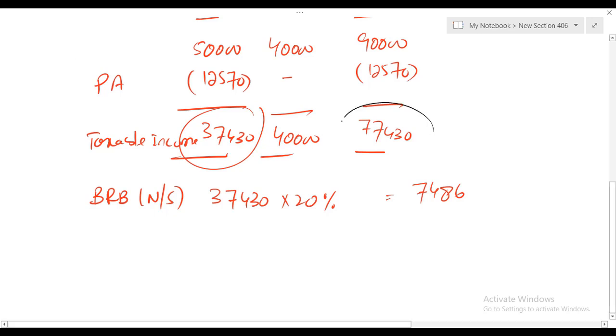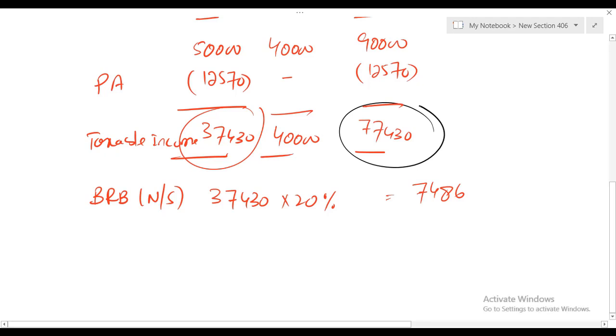Look at this. The amount which I have circled in black is 77,430. Since this 77,430 is more than the basic rate band limit of 37,700, this individual is a high rate taxpayer.